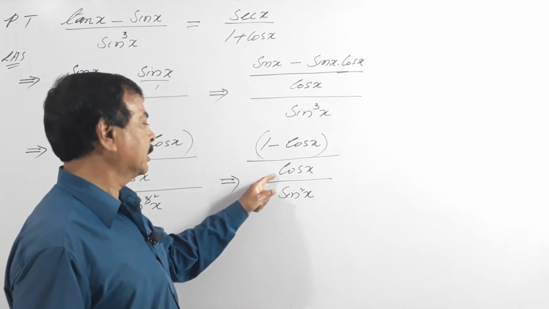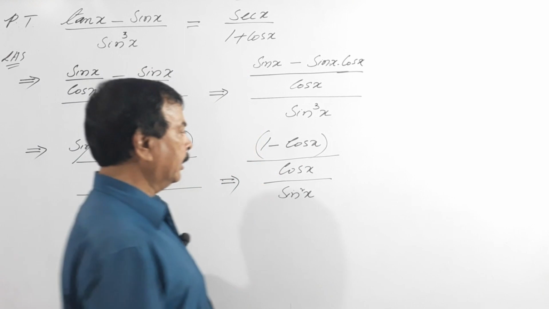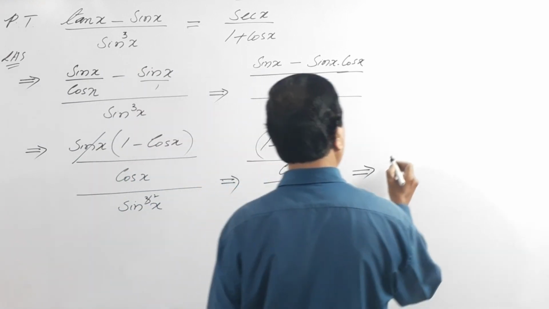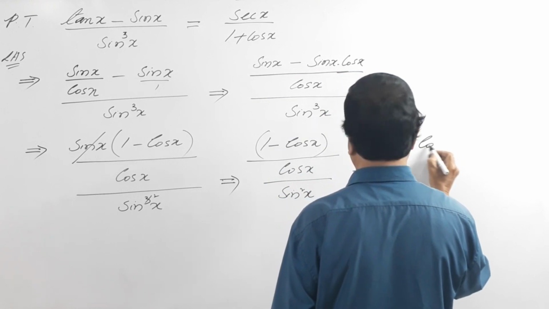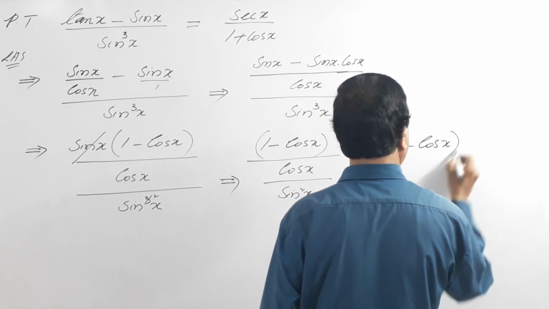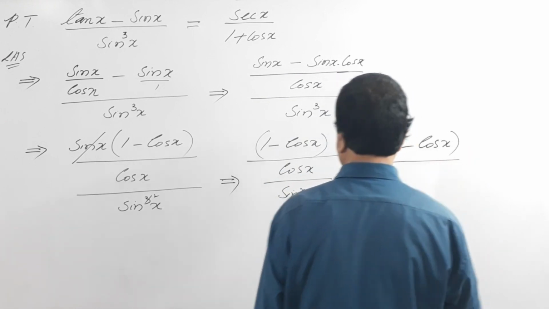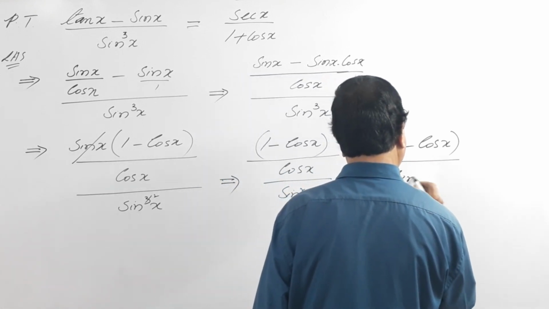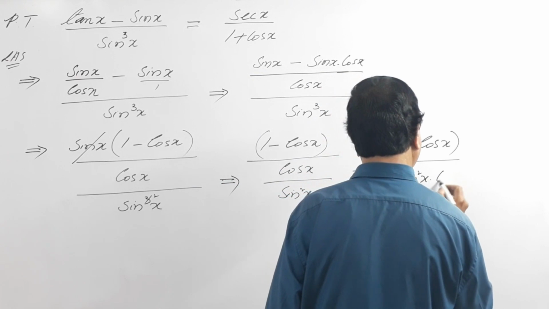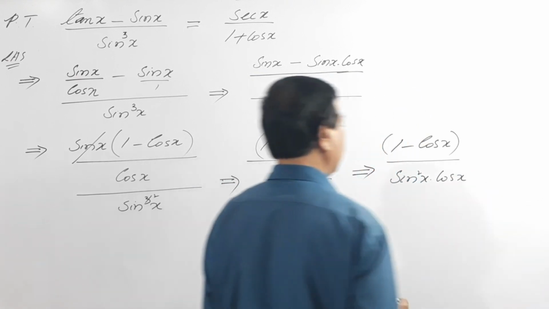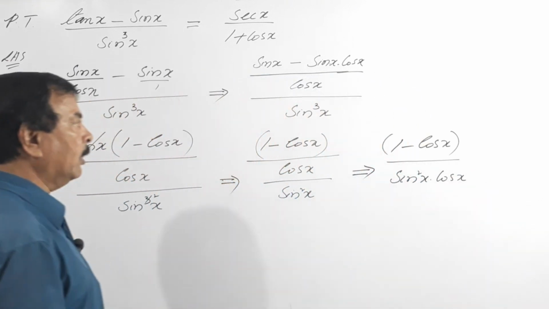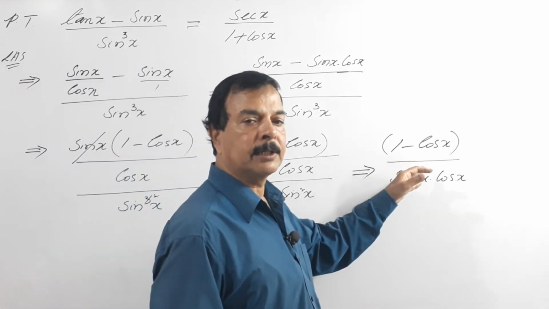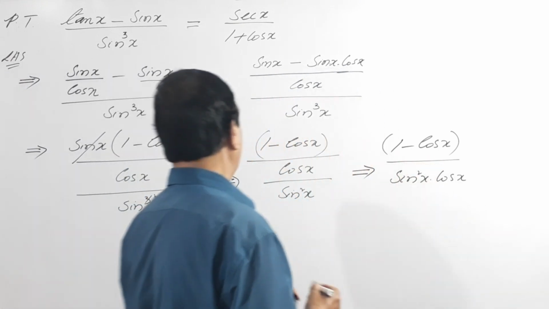So what happens? This cos x comes to the denominator, that becomes 1 minus cos x divided by sin square x into cos x. So what I do, I'll multiply this by its conjugate.